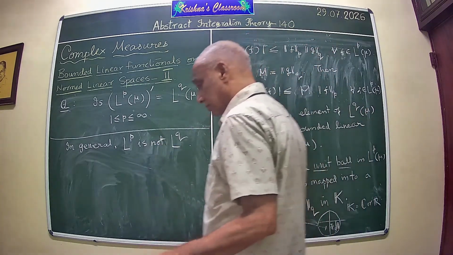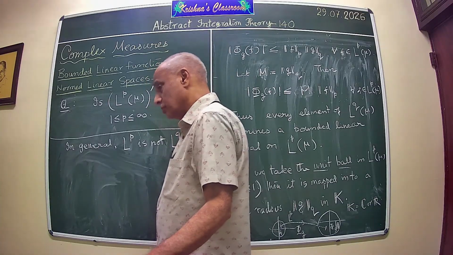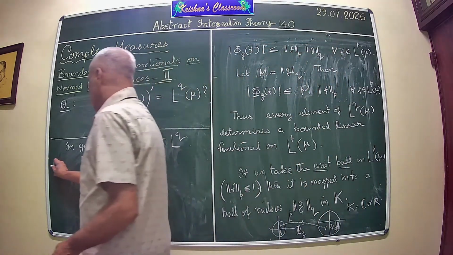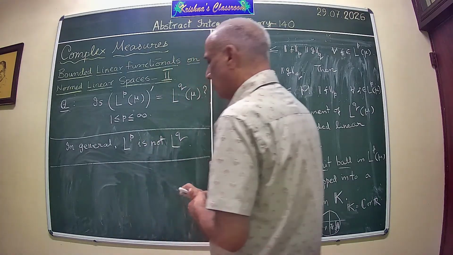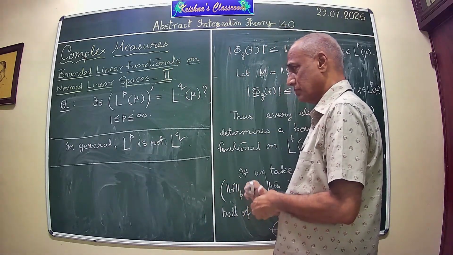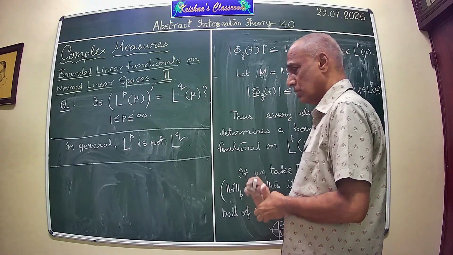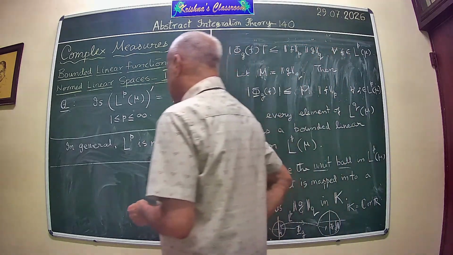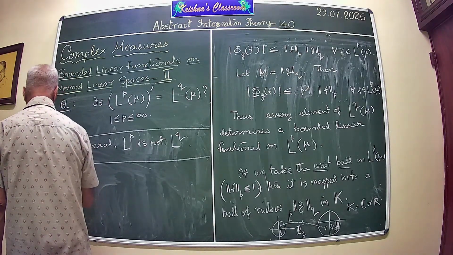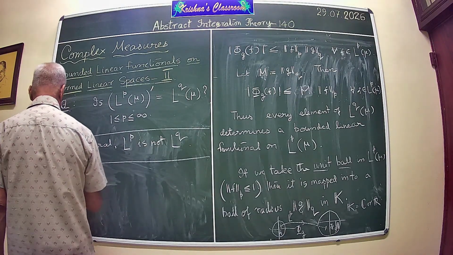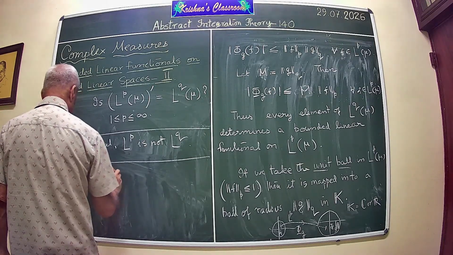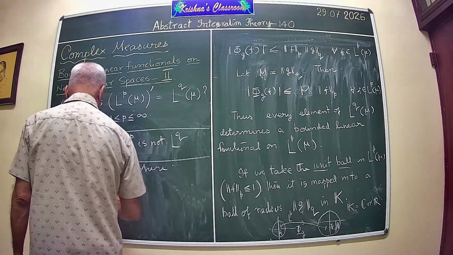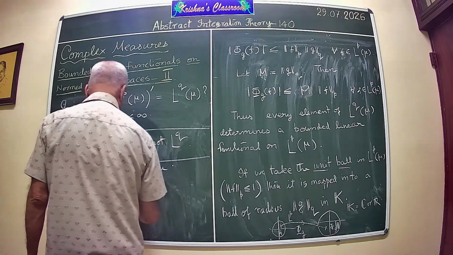The two spaces are different. So the question that we ask is the following: when, or are there situations where, LP prime, that is the dual, is equal to LQ?